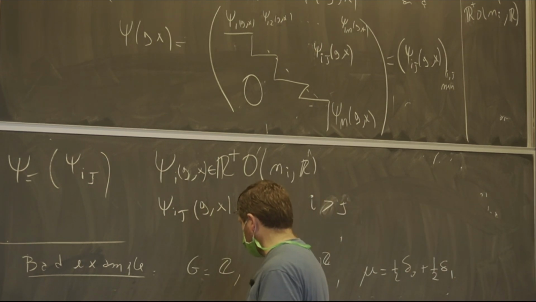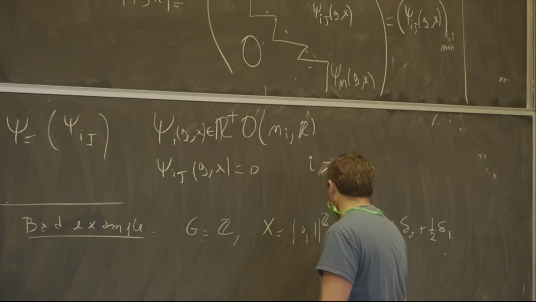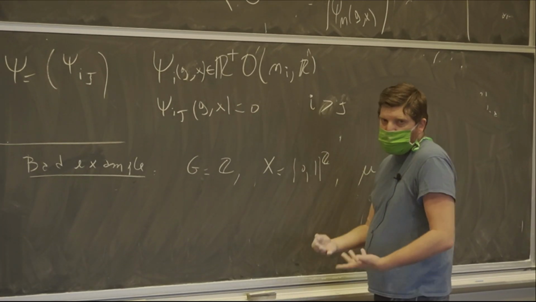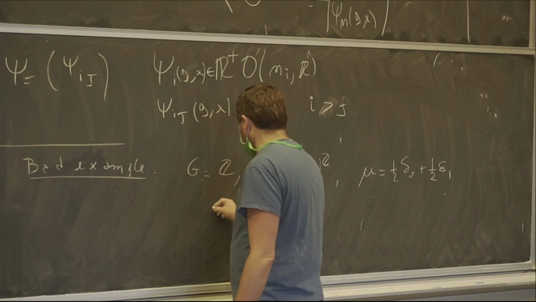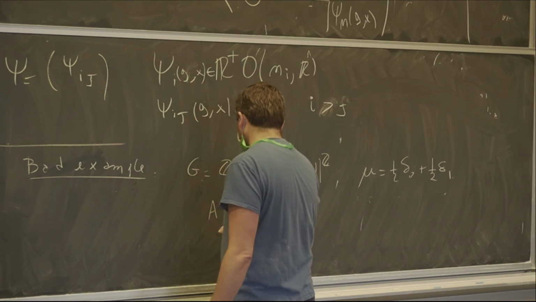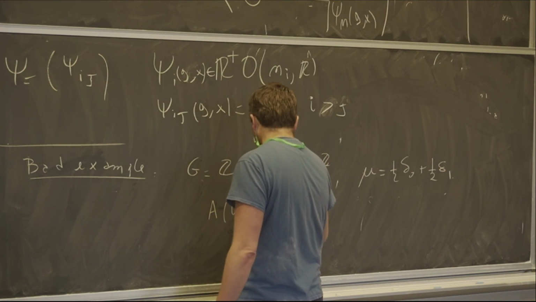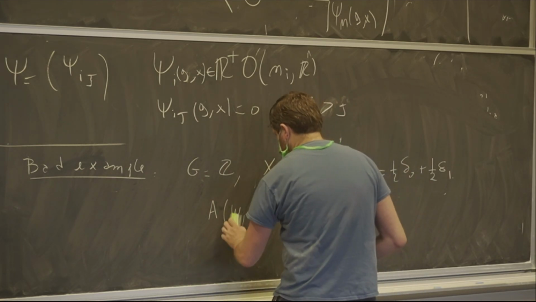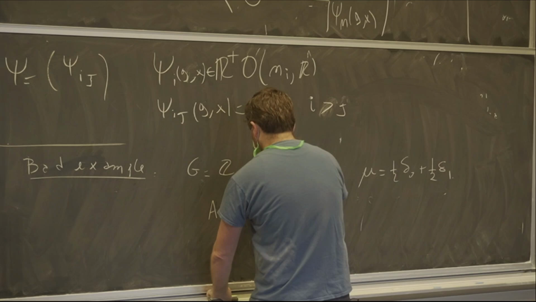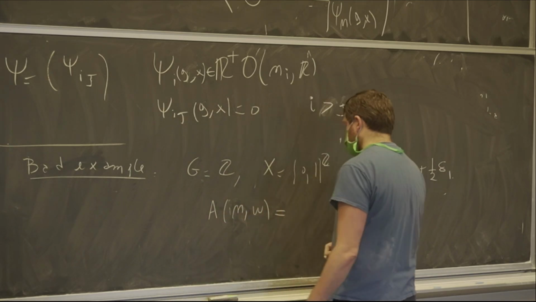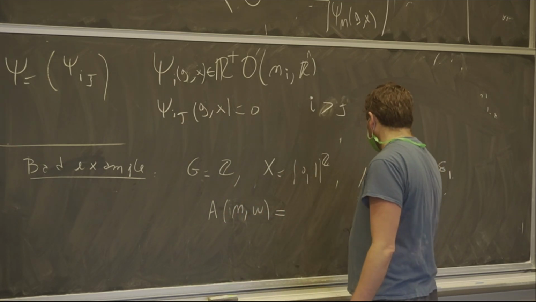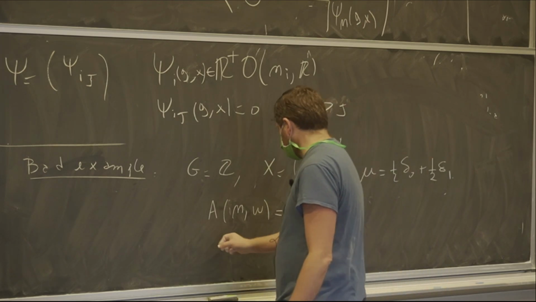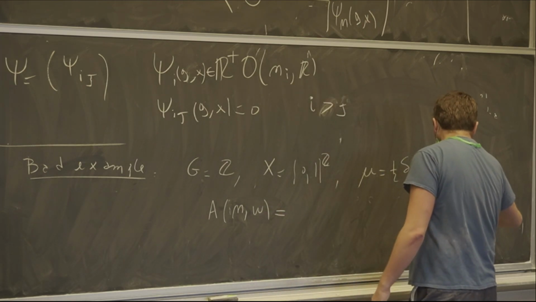And then the cocycle here has a generating matrix, so A of n omega is, well, this is in case n is positive.